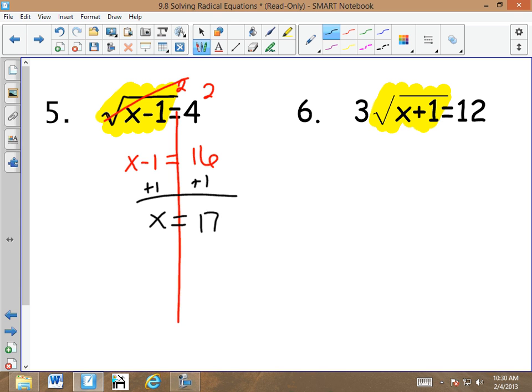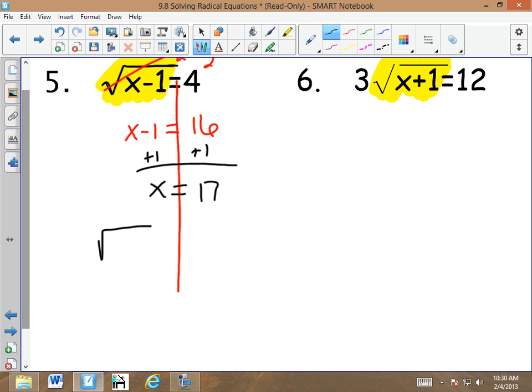X equals 17. Well, let's see if that's true. The square root of 17 minus 1 equals 4. What's 17 minus 1? 16. Does the square root of 16 equal 4? Yeah, that's a true statement.